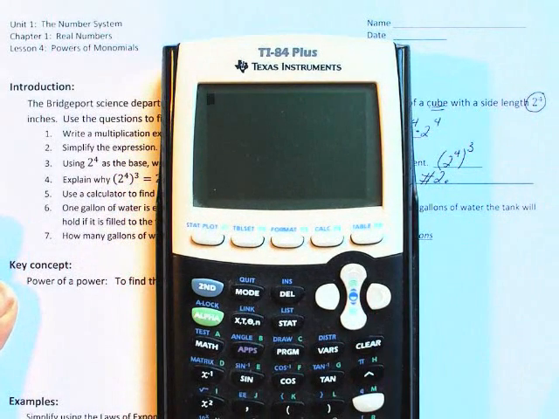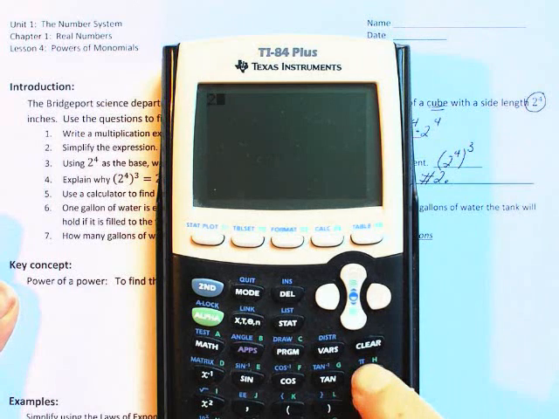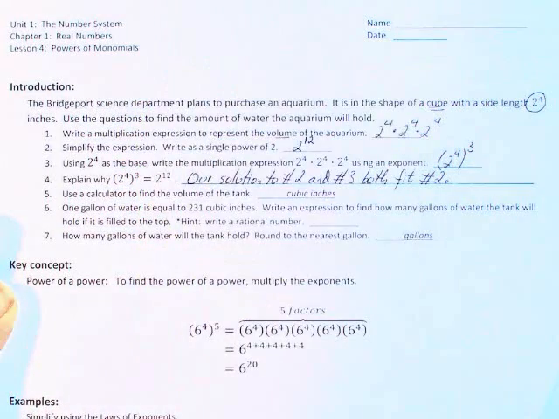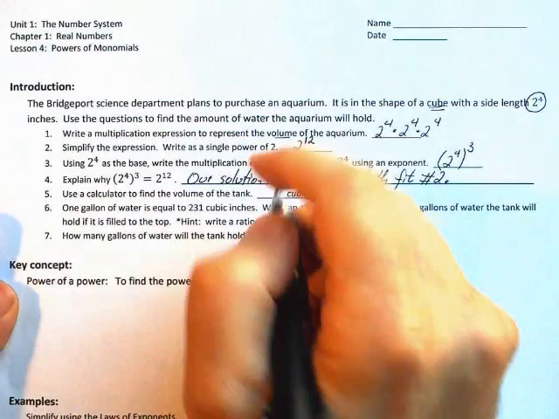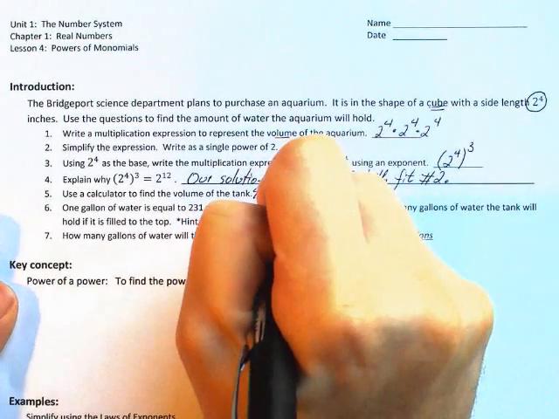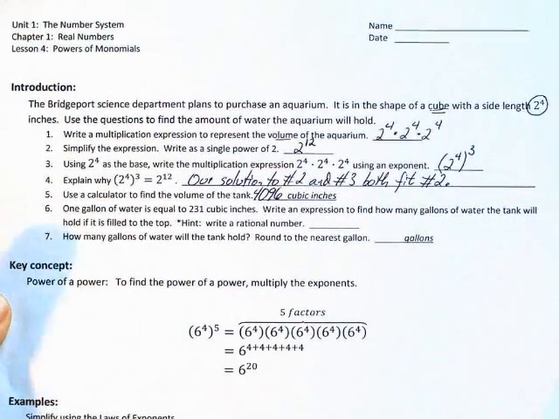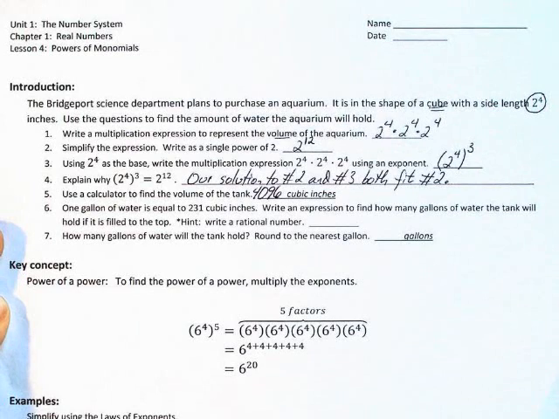We need to know 2 to the 12th power. And so 2 exponent 12, enter, 4,096. So there are 4,096 cubic inches of space inside this cube-shaped aquarium.